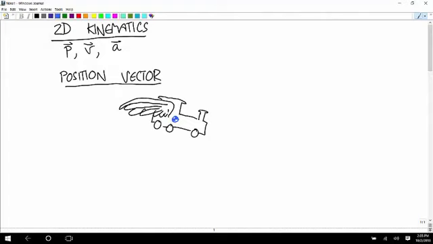Okay, so what does it take for us to assign a vector to this point, this location? So the train's at a physical location. What does it take to assign a vector to it? In 1 dimension, we had to choose the 0 position in the positive direction. In 2 dimensions, we're going to do something analogous to that.